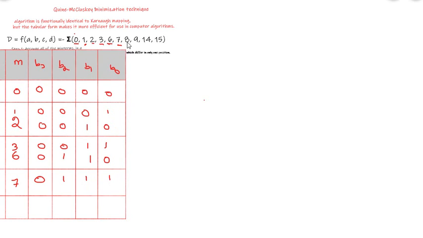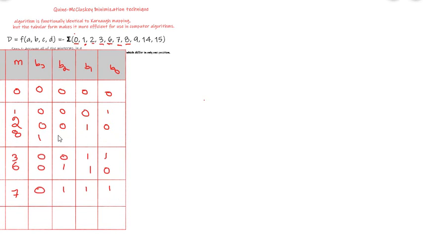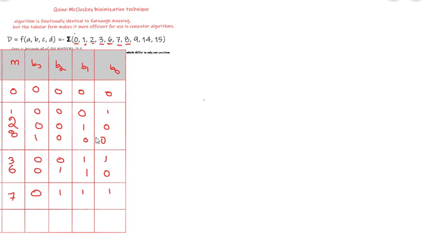Next, 8. 8 is 1, 0, 0, 0, so the number of ones is only 1. So go here and write 8: 1, 0, 0, 0.